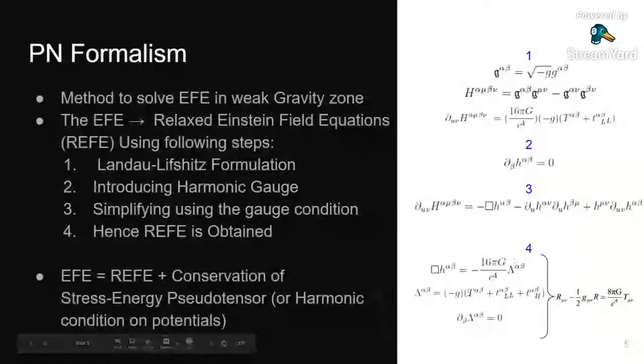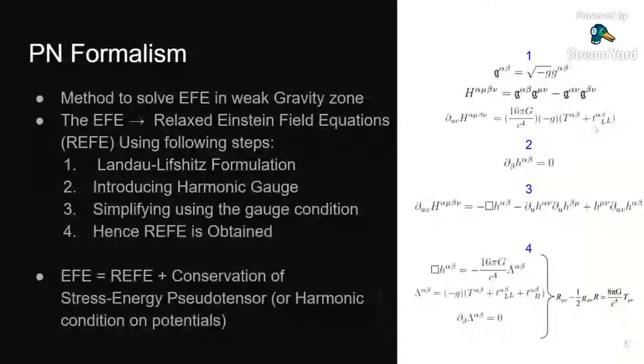We know the stress energy momentum normal tensor, right? It has the properties of every moving body. Now, you see this T subscript LL, superscript alpha beta, that is called the Landau-Lifshitz pseudotensor. That comes because of this formulation, which is called the Landau-Lifshitz formulation.